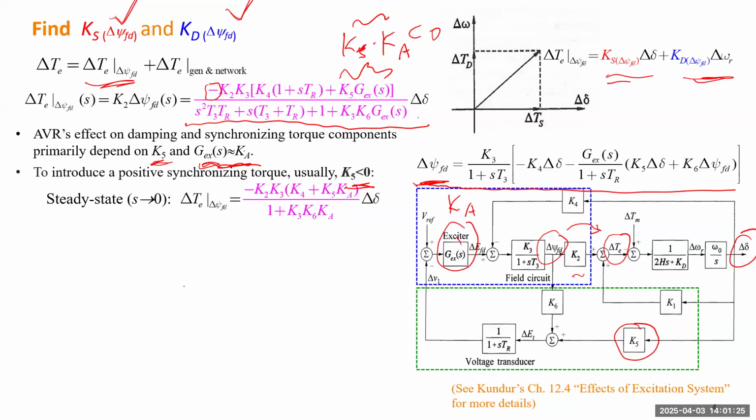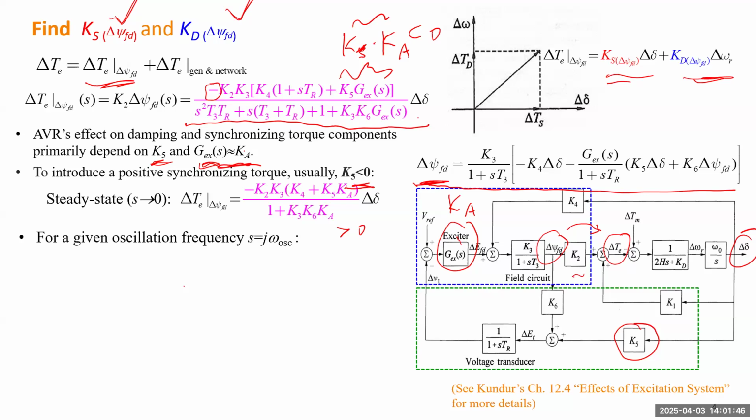If K5 is negative and under steady state condition, that transfer function will become this one. So we just let S be 0, and this one has to be positive. That answers the question.